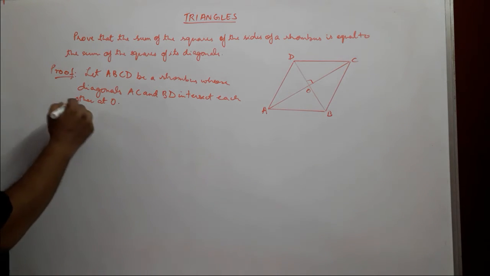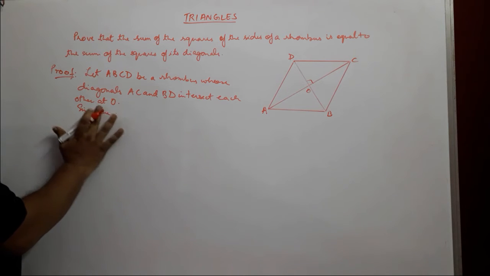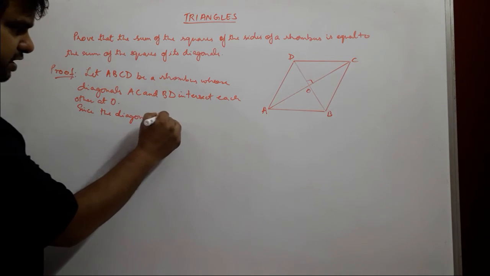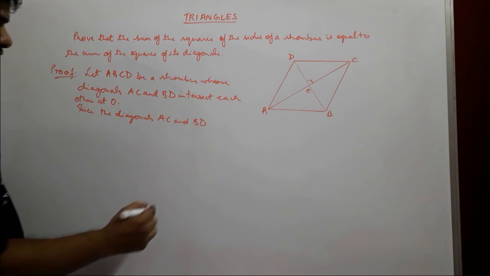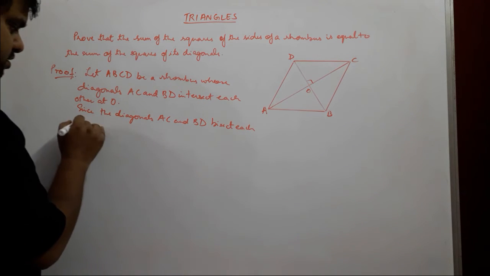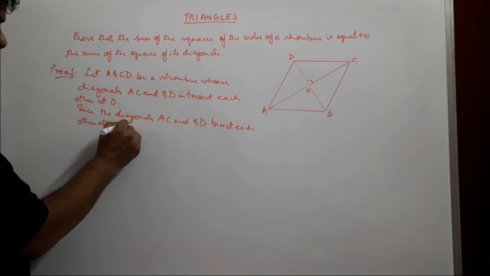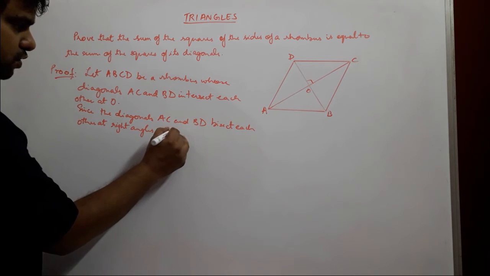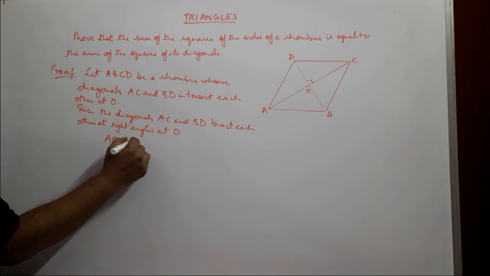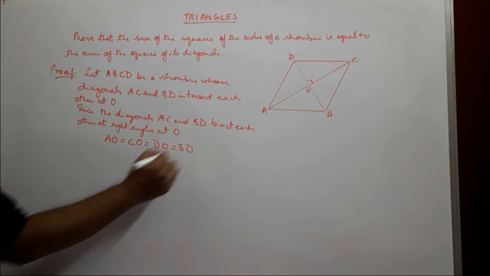So next we can say, since the diagonals AC and BD bisect each other at right angles at O, we will have AO equal to CO equal to DO equal to BO.